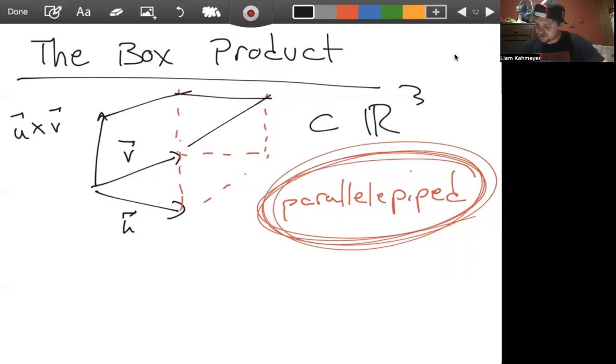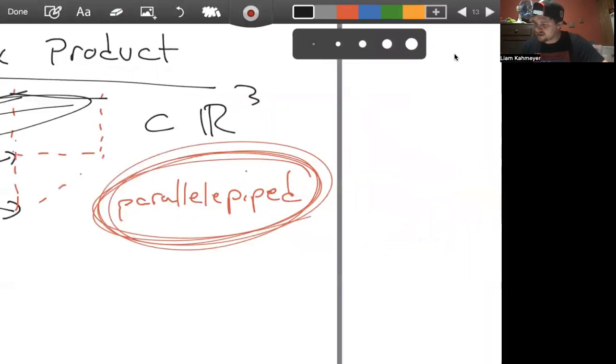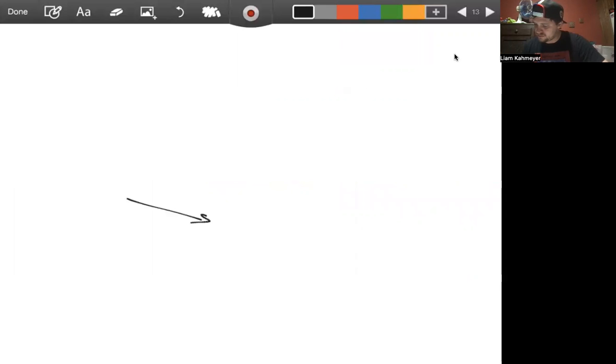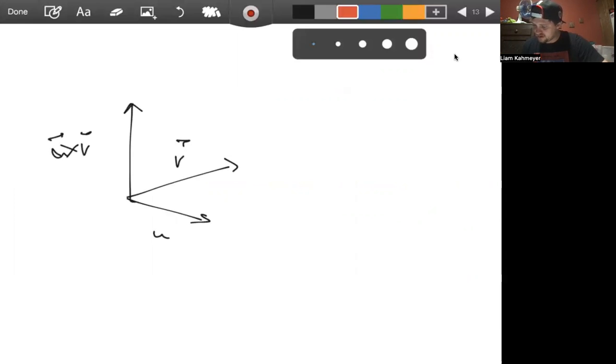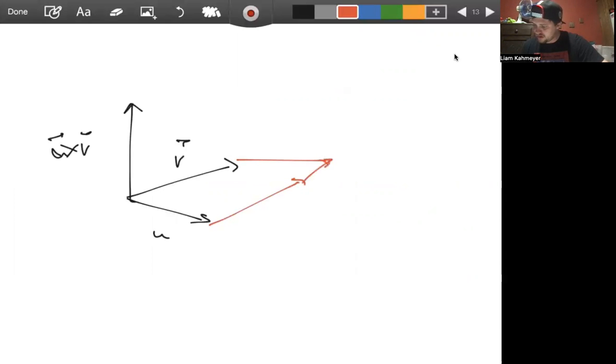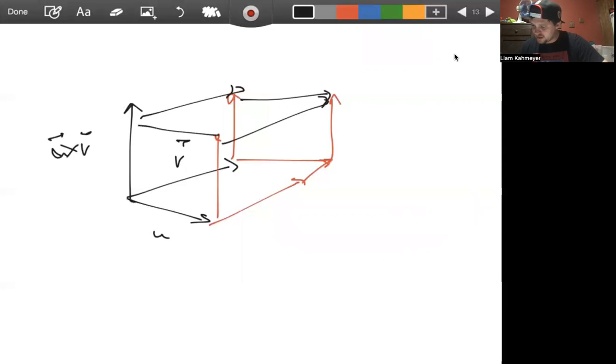And so this isn't a very good picture. Let's draw a different picture that looks less cubic. So we have u, v, u cross v. Let's take a copy of v, a copy of u, and then three copies of u cross v, and then let's just complete the picture here.